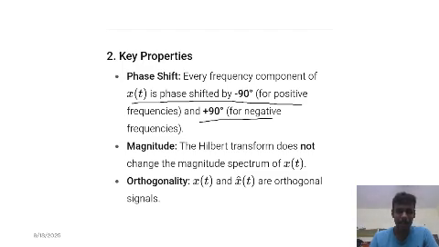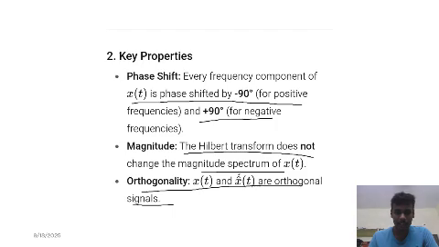Magnitude: the Hilbert transform does not alter the magnitude spectrum of x of t, so the magnitude of the signal before and after the transform is the same. Orthogonality: x of t and x cap of t are orthogonal signals. The signal x of t and the transformed signal x cap of t are always orthogonal to each other.